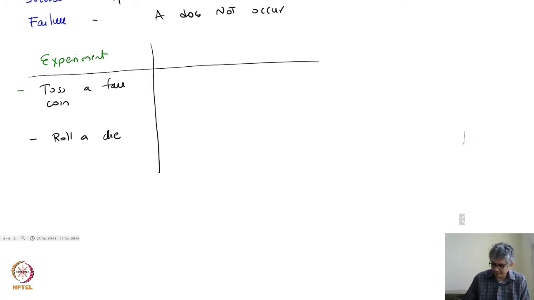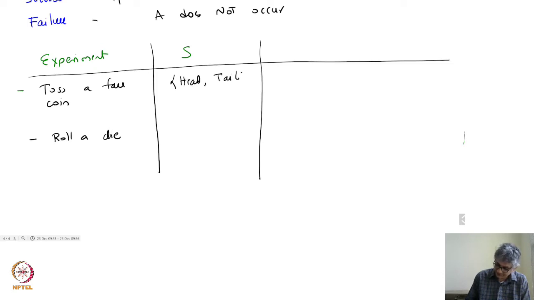My sample space S I know exactly. If I toss a fair coin, my sample space is head or tail. That's clear to see. If I roll a die, the sample space is exactly 1, 2, 3, 4, 5, 6.